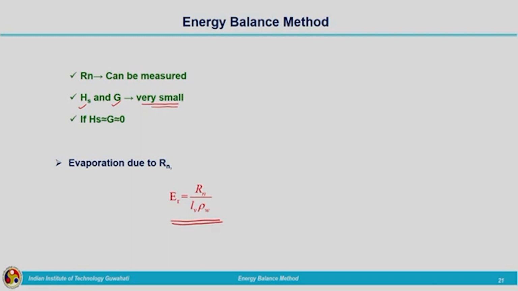Again, before winding up, let me brief what we have done. This is a method based on the energy balance. It is a combination of the energy equation and the mass balance equation. When we are talking about the pan, there is water present in the liquid form and also in the vapor form.